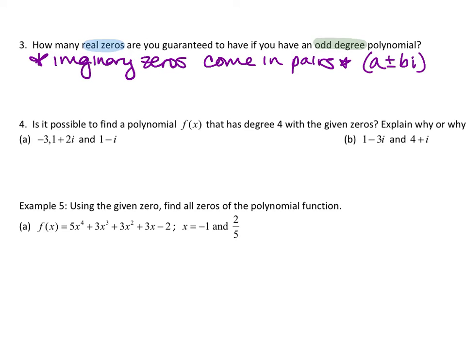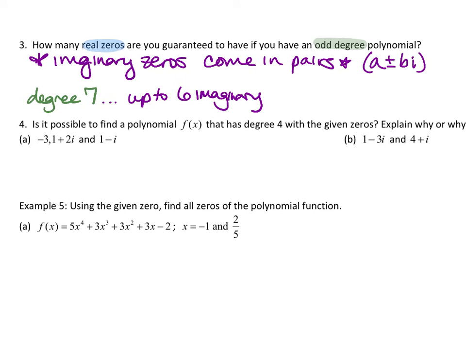For example, let's say you have a degree 7. We have a degree 7 polynomial. All of my imaginary numbers come in pairs, which means I could have up to 6 imaginary or complex zeros, because they have to be in pairs.